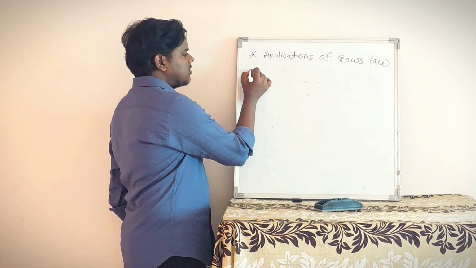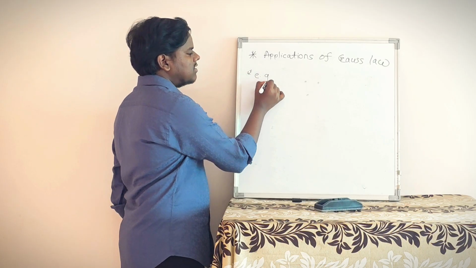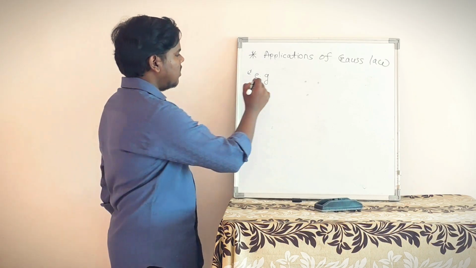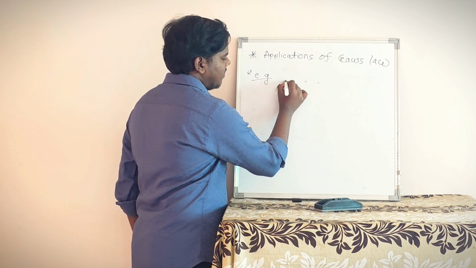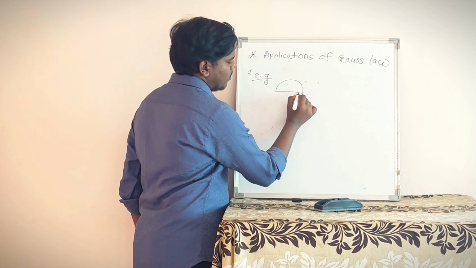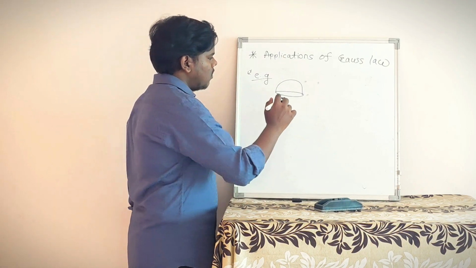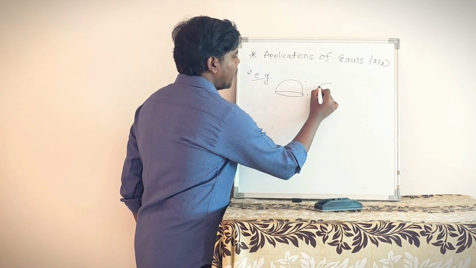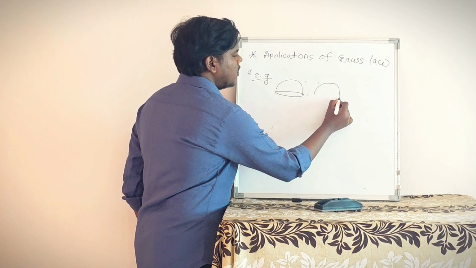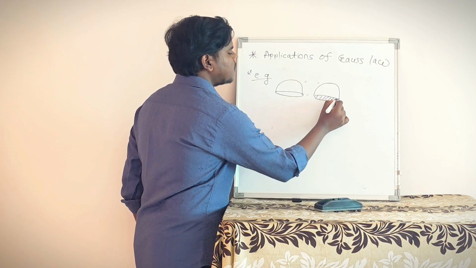So let's take one example first. We will understand how to find the electric flux. Let's say we have this open surface. Let's say this is a closed surface.